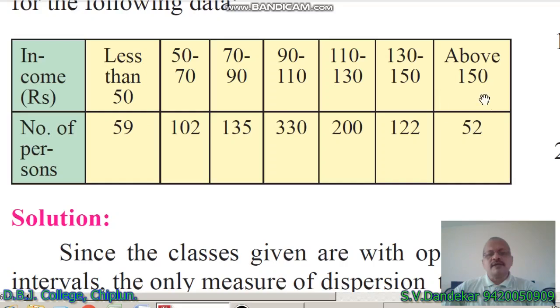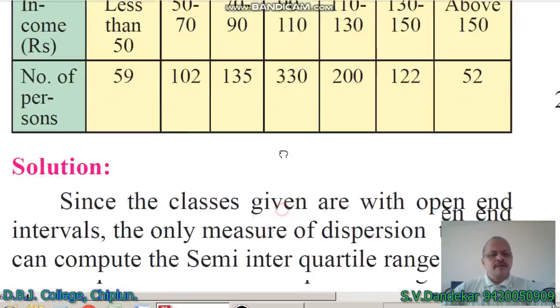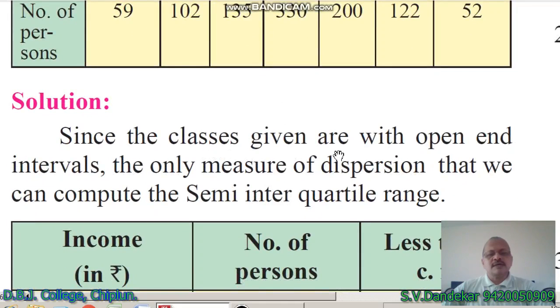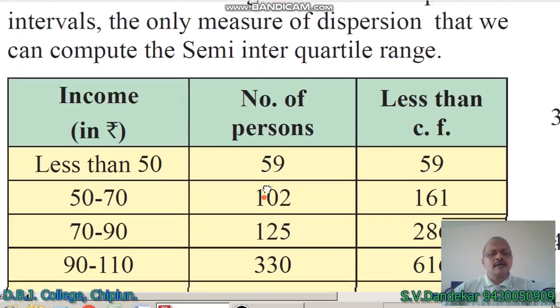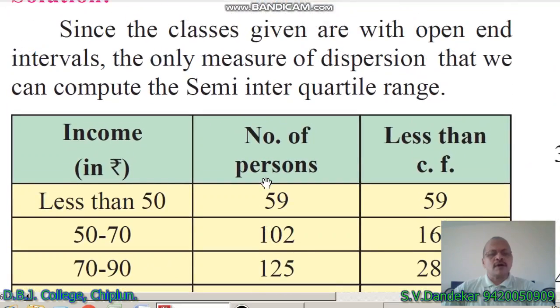Above 150, that means how long it reached, we don't know, and therefore we cannot use a range in this case. Since the classes given are with open-end intervals, the only measure of dispersion that we can compute is the semi-interquartile range. So for that semi-interquartile range, we have to find out quartiles.